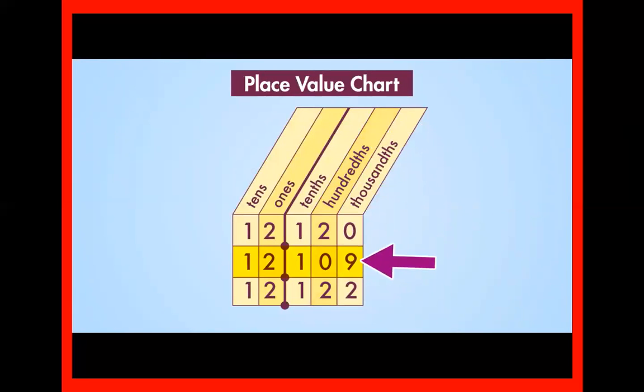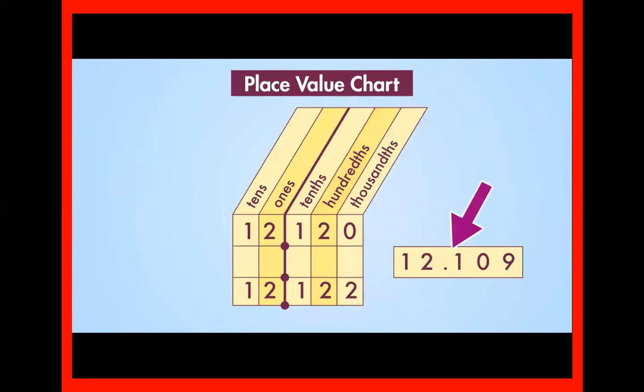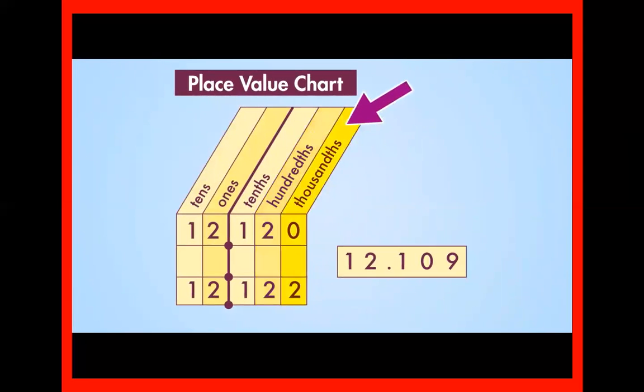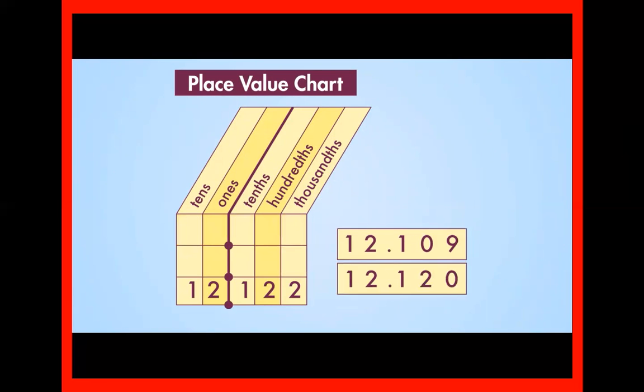So the smallest number in this set is 12 and 109 thousandths. Keep moving to the right to compare the values of the remaining numbers. The next place where we see a difference is the thousandths column. The 0 in the thousandths place is the lowest value, so 12 and 120 thousandths is the lower number.